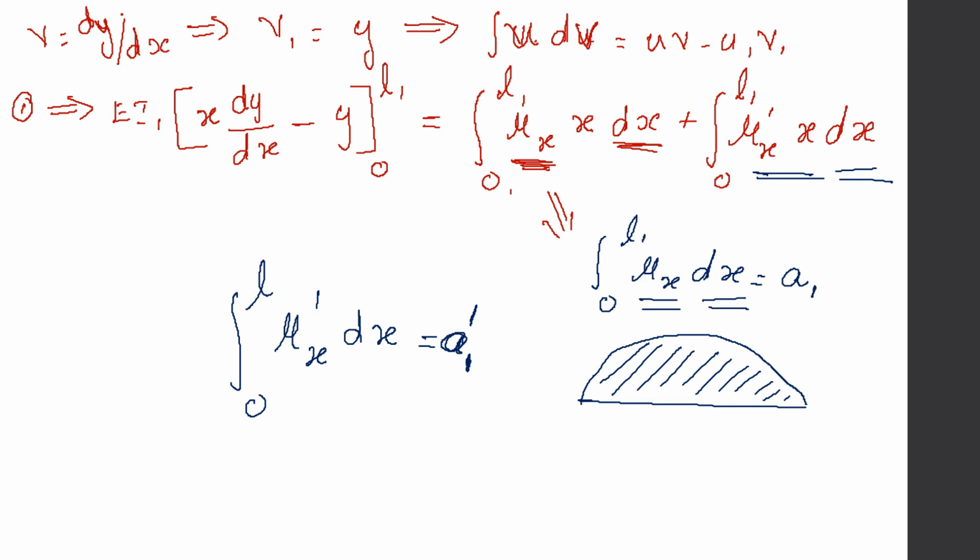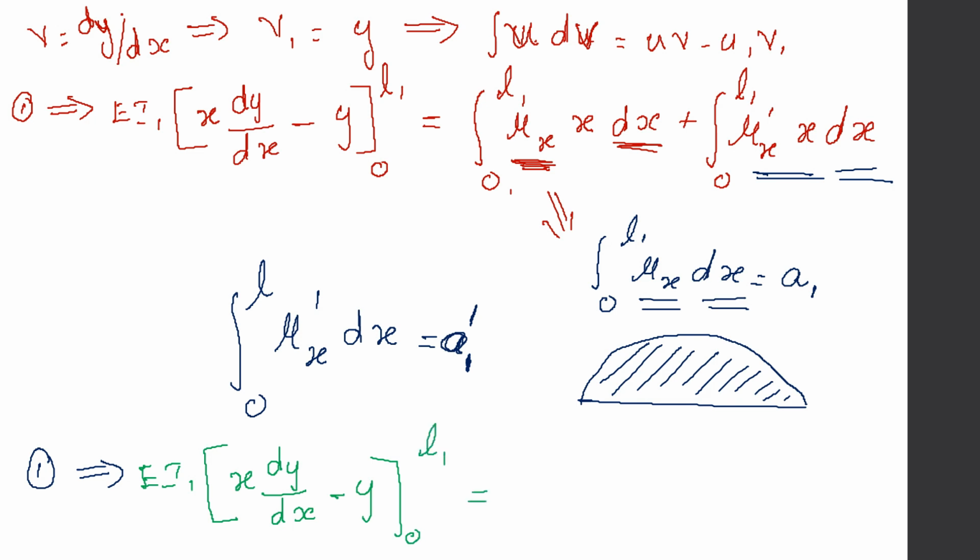So our equation 1 can be written as EI1 into x into dy by dx minus y, the limits from 0 to L1, is equal to A1 into x1 bar plus A1 dash into x1 bar.